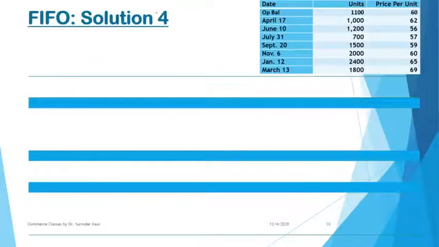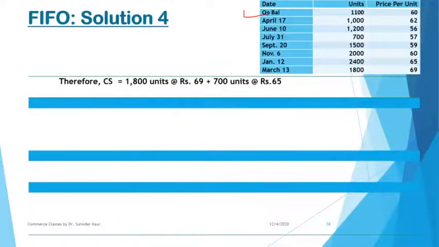So this is our question here, right? This is our question. We have recorded opening stock also because opening stock is a part of your total inventories. So your closing stock is 1800 units at 69 plus 700 units at 65, as I explained you. So this is your closing stock. Now coming to cost of goods sold.